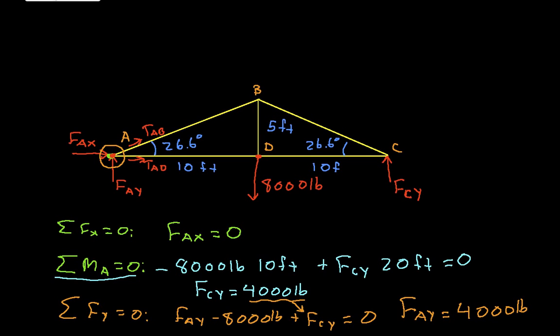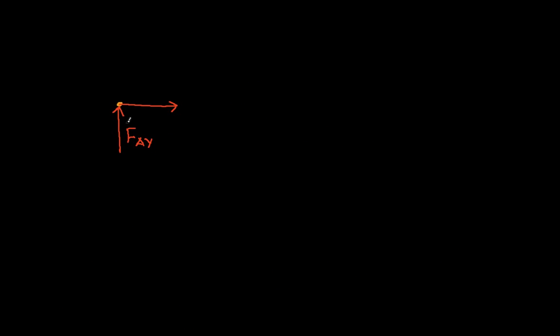Okay, so let's go back and complete our free body diagram. Okay, so we have TAD, and we also have then going off in this direction TAB. And we know from the structure the angle here is 26.6 degrees.